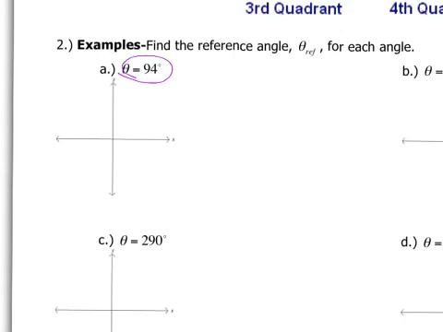Let's go through that real quick, because that is going to help you out. Think about this as being 0 or 360 degrees. This would be 90 degrees. This would be 180, and then this is 270. Just use those as reference points as you draw in these different angles.